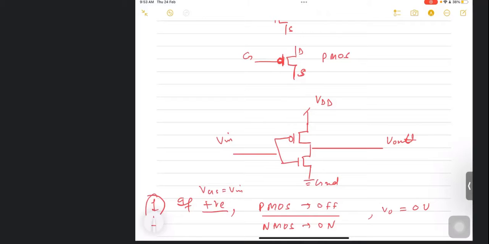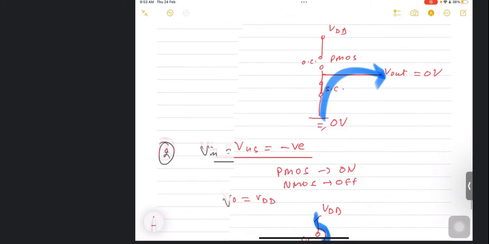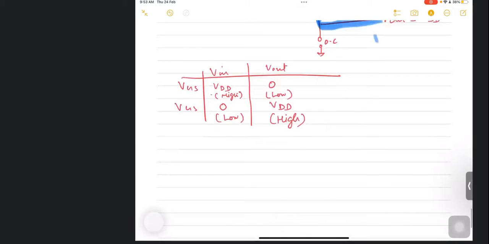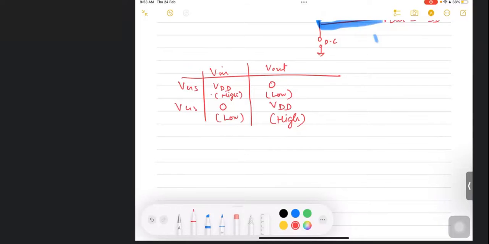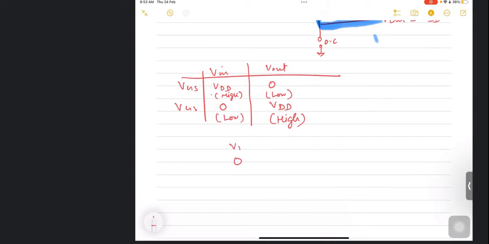This is called complementary MOSFET. PMOS and NMOS are complementing each other. If one is on, the other one is off. So if input is high, output is low; if input is 0, output is 1. And if input is 1, output is 0.